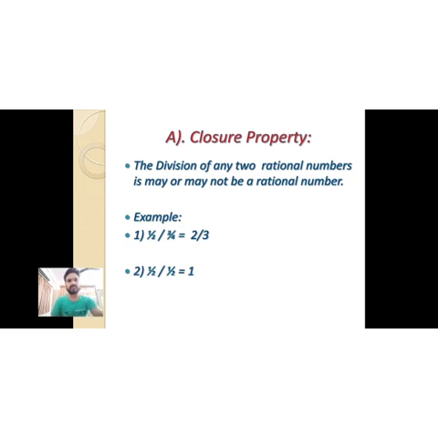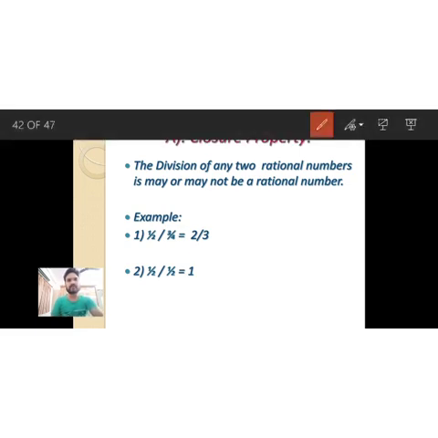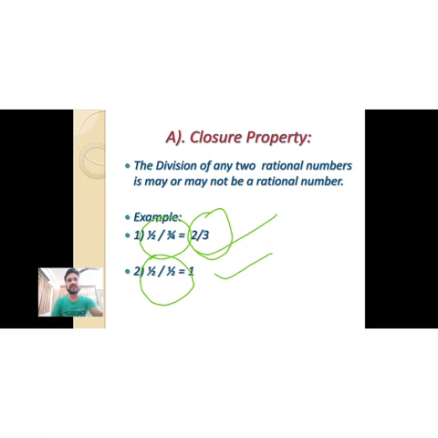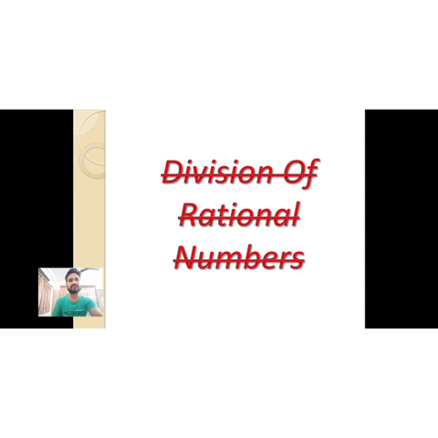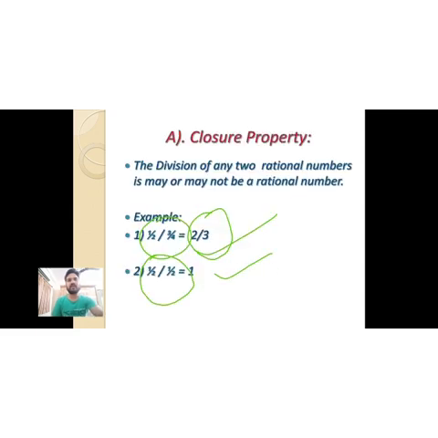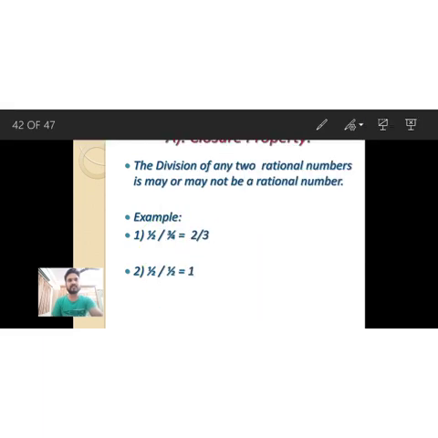May or may not be means if a rational number is divided by a rational number, the answer can be a rational number, as in the first example. But if a rational number is divided by a rational number and we get a whole number, the answer is 1. So that's why the division of any two rational numbers may or may not be a rational number.